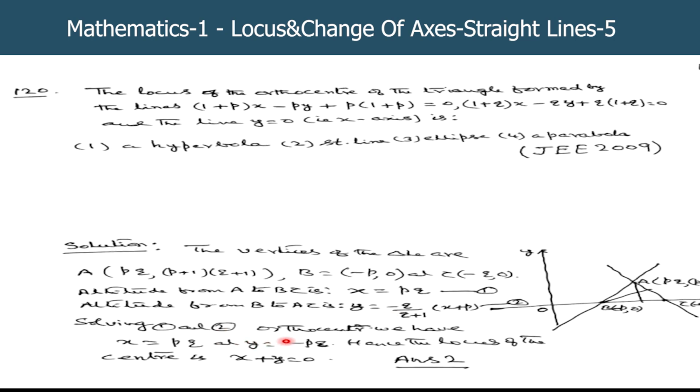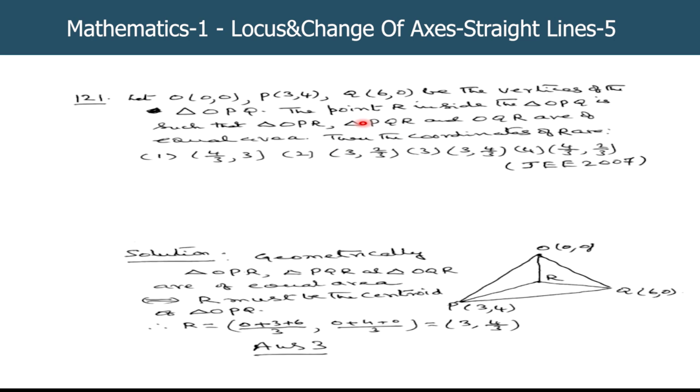Solving 1 and 2, for the orthocenter we have x = pq and y = -pq. That means x + y = 0. So therefore x + y = 0 is the locus of the orthocenter. So x + y = 0 means a straight line. Answer number 2.